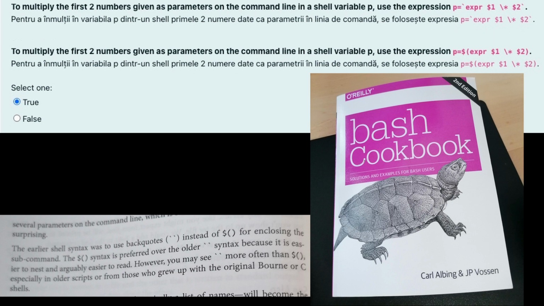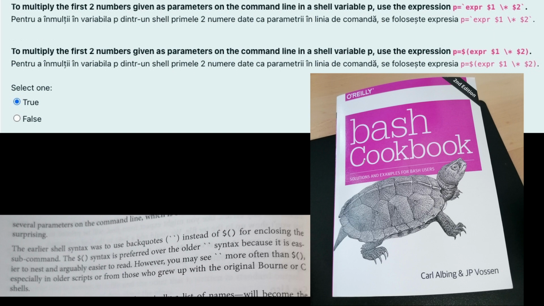The dollar and round bracket syntax is preferred over the older backquote syntax because it is easier to nest and arguably easier to read. However, you may see backquotes more often than dollar round brackets, especially in older scripts or from those who grew up with the original Bourne or C shells.